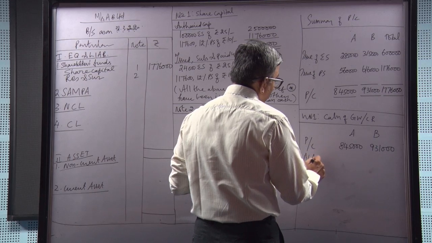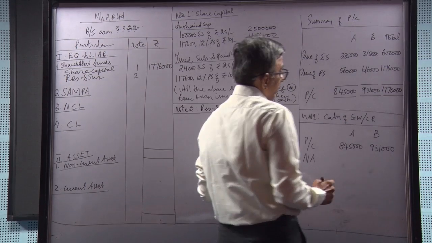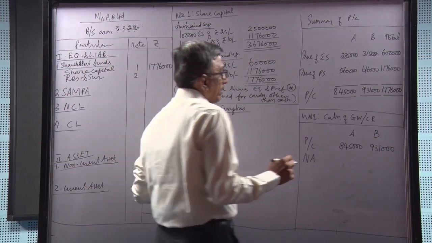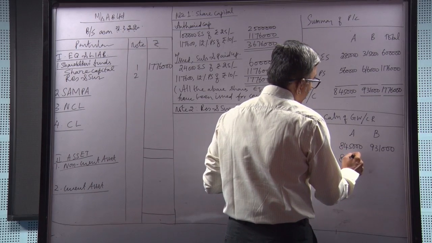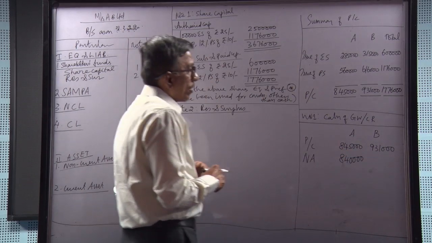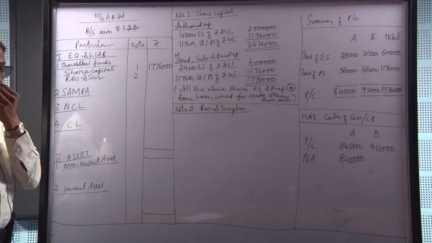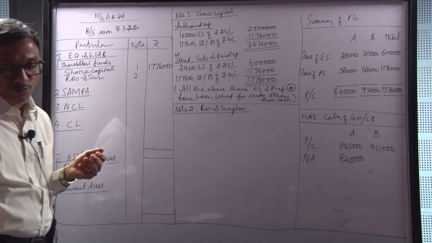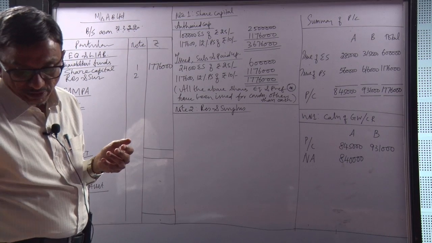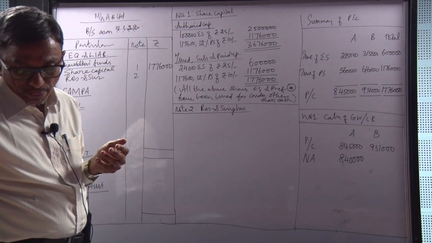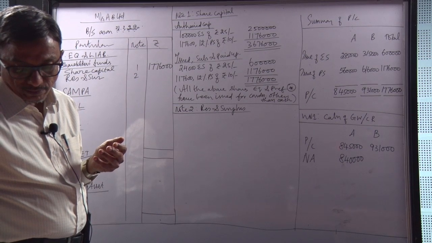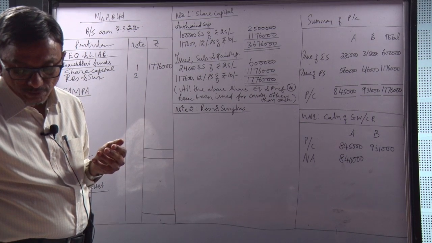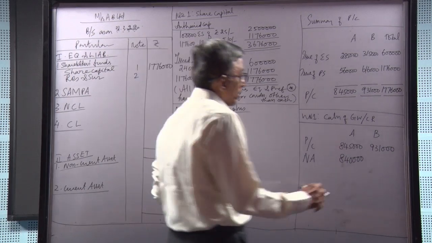Net asset of A was 8,40,000. What is the net asset of B? We have done it already. You can just go and see. You got 9,24,000.